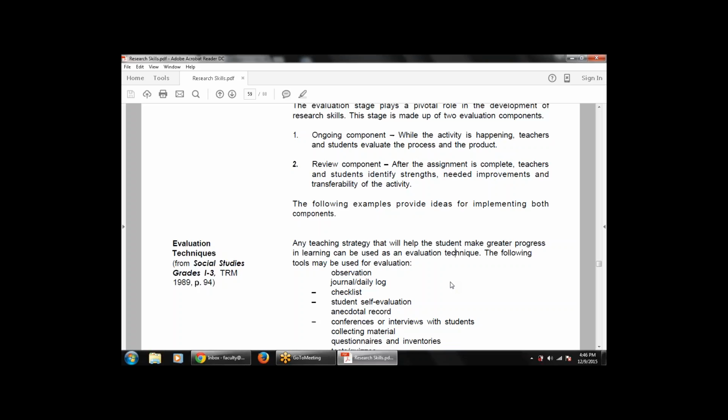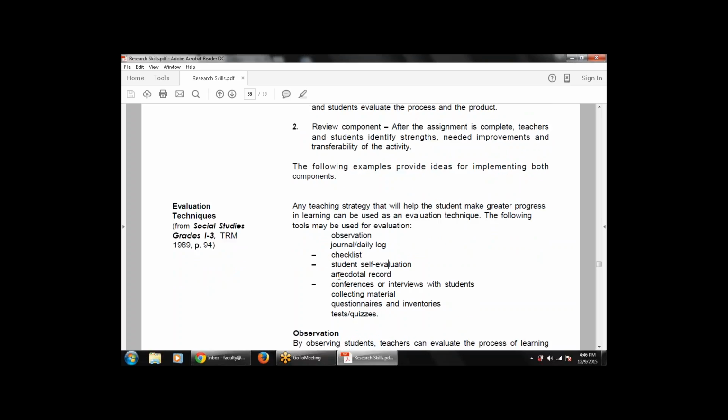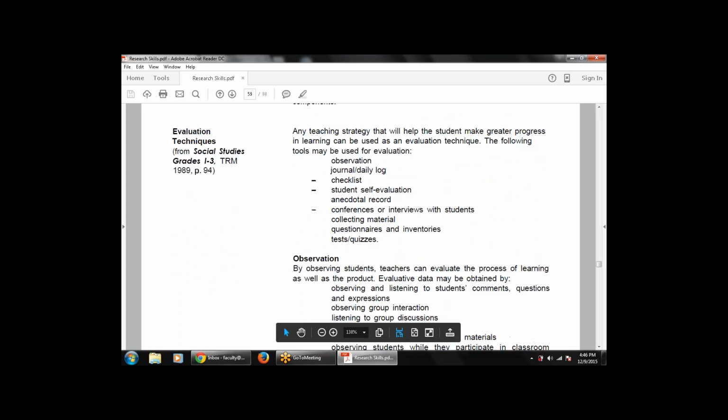The following tools may be used for the evaluation. One is observation, then general, that is a daily log, then checklist, then student self-evaluation, then anecdotal records, then conferences or interviews with the students, then collecting material, then questionnaires and inventories, tests and quizzes.